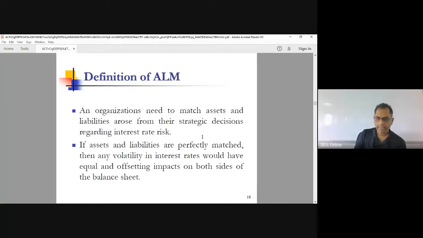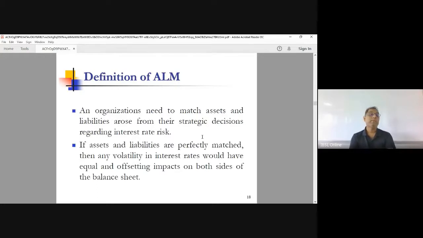So we're at slide 18 now. We need to match assets and liabilities. Like I said earlier, if you look at what I mentioned about floating interest rates and fixed interest rates, at point number 2 there, what we're saying is if assets and liabilities are perfectly matched, then any volatility in interest rates would have an equal and offsetting impact on both sides of the balance sheet.